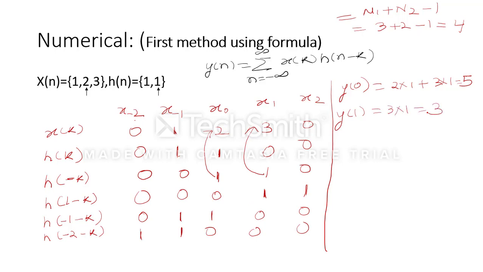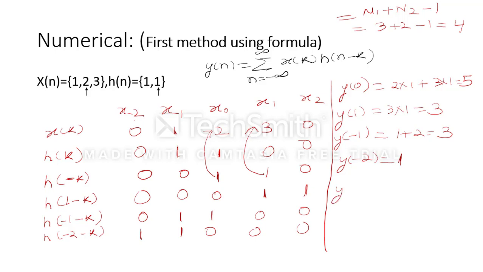Now we find the value of y(minus 1). The overlapping area, if you check, is 1 and 2, so 1 plus 2 will be equal to 3. Similarly, y(minus 2) will be the overlapping area of h(k) and h(minus 2 minus k), which will be only one sample, that is 1.